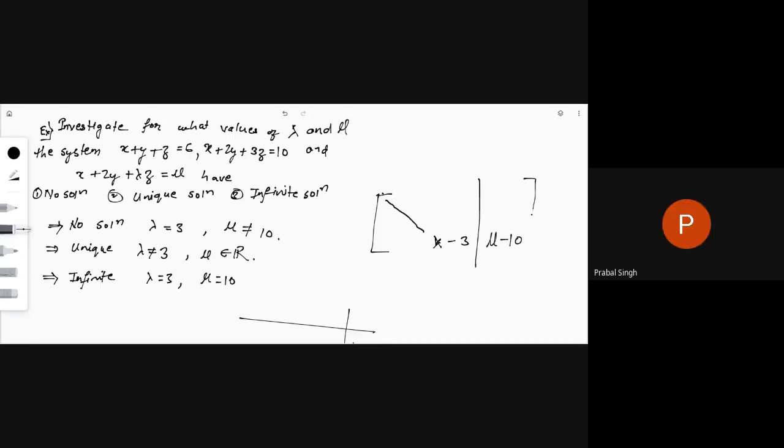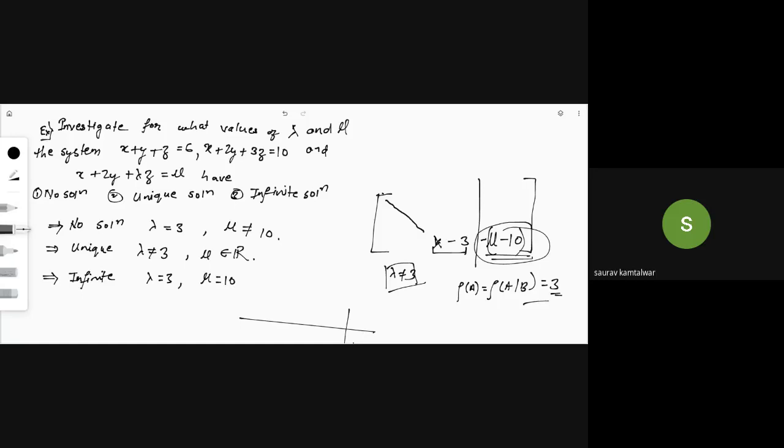If lambda is not equal to 3, then this term won't be equal to 0, which makes the rank of A as well as the augmented matrix equal to 3 as their common rank, and it doesn't matter what is here. So in any case it will have a unique solution.